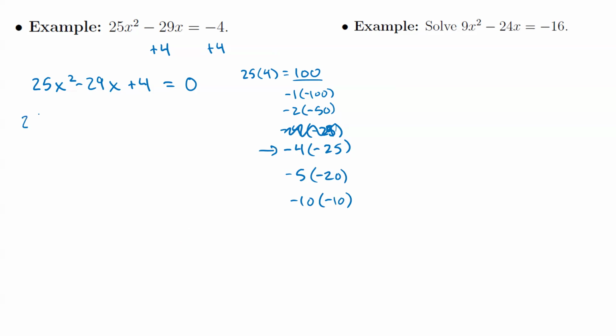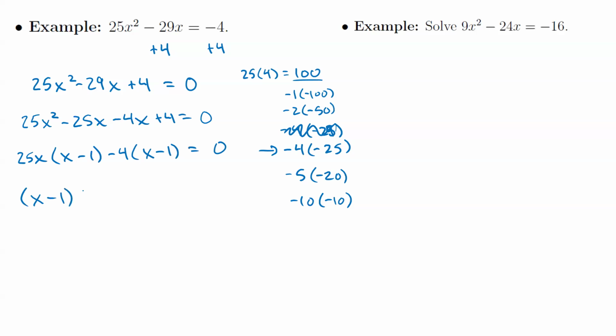So I can break this down into 25x squared minus 25x minus 4x, which is the same as -29x, plus 4 equals 0. 25x can factor out of the first two terms, and -4 can factor out of the second two terms.